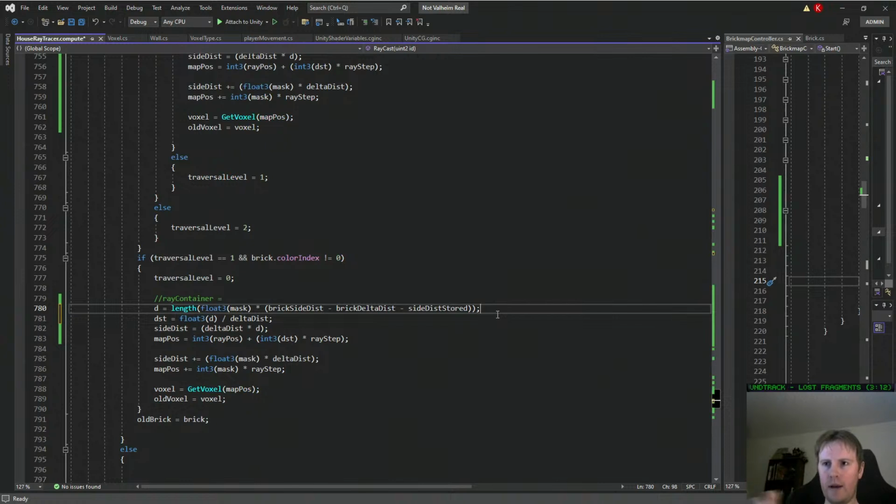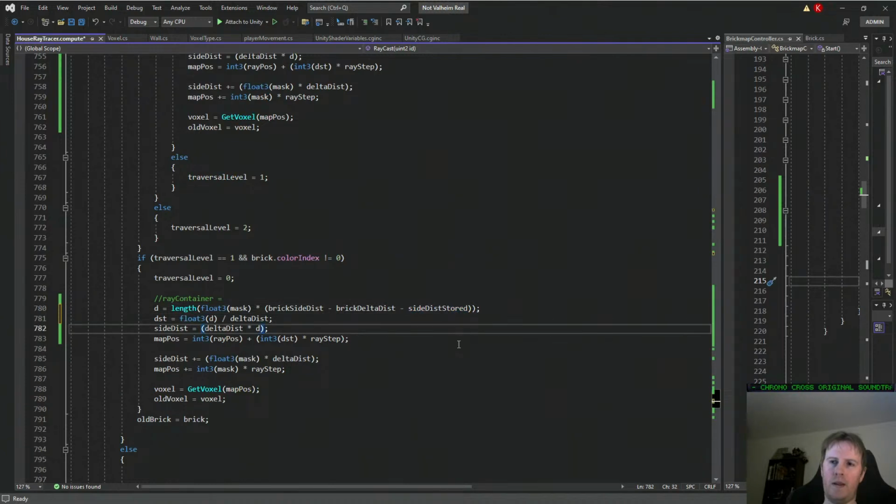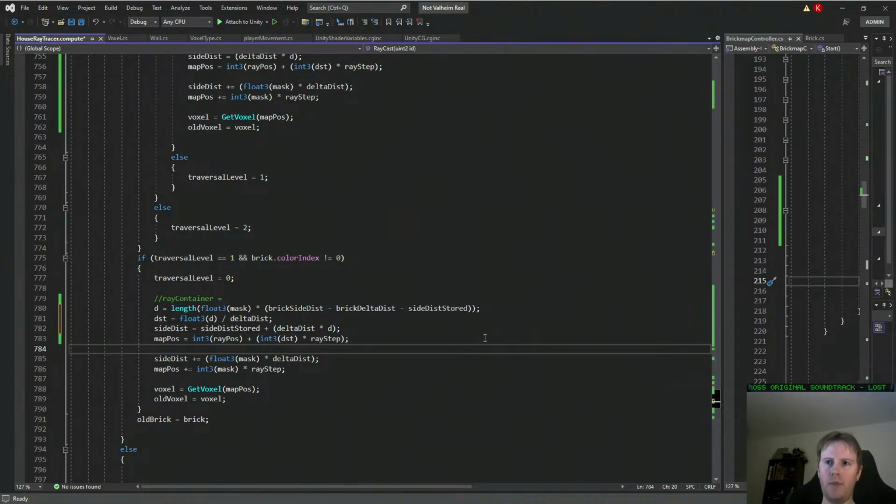And then it should be like that, and it should be like that. That is how it should be. However, now that we have done that, this has to be side dist stored plus delta dist D. But this won't work. I've done this so many times now, and it just does not work.